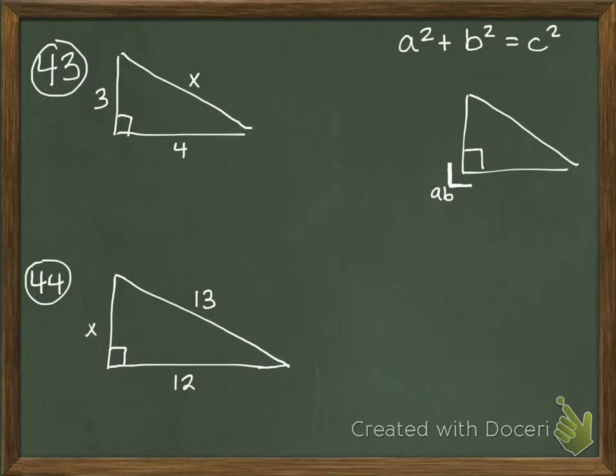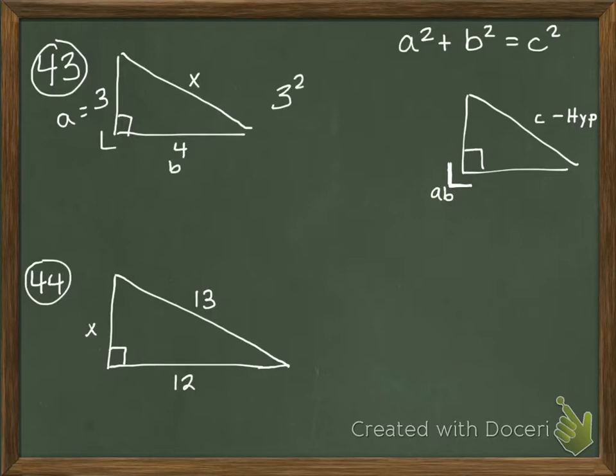So A and B are going to be attached to those legs, which means that your hypotenuse, your C, is always across from that L. Okay, so what we have to think about is we have A, we got B, and so x has to be C in this example.